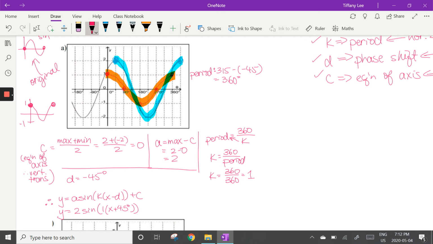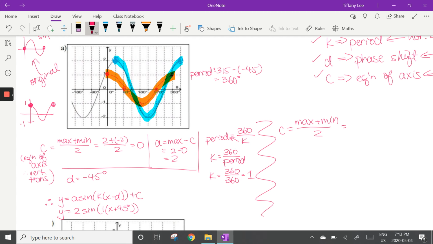Let's take a look at our equation for cosine. So we can solve for our equation of the axis as well, right? And like I said, it doesn't look like it's moved up or down vertically. If you want to double check, you can use our equation, max plus min divided by 2, right?